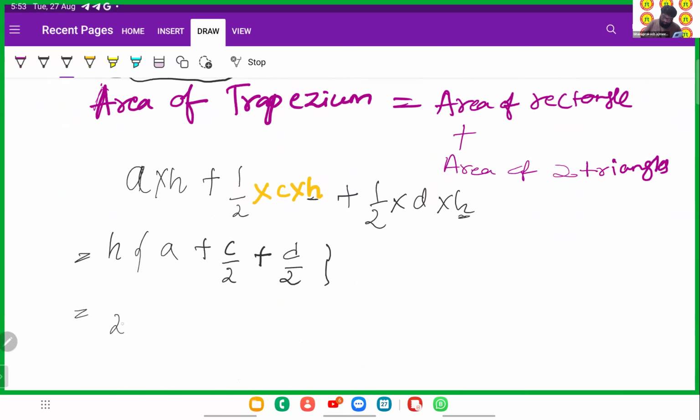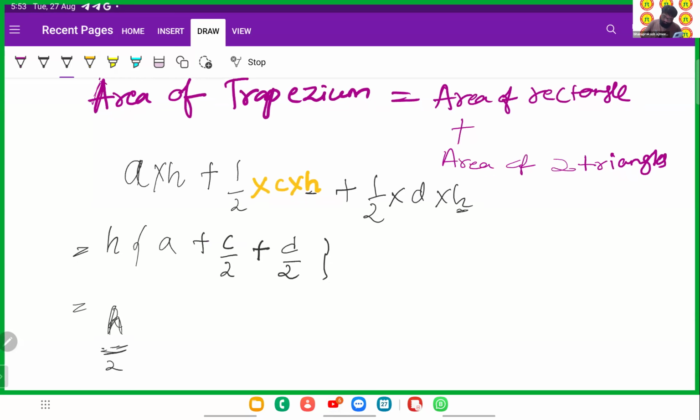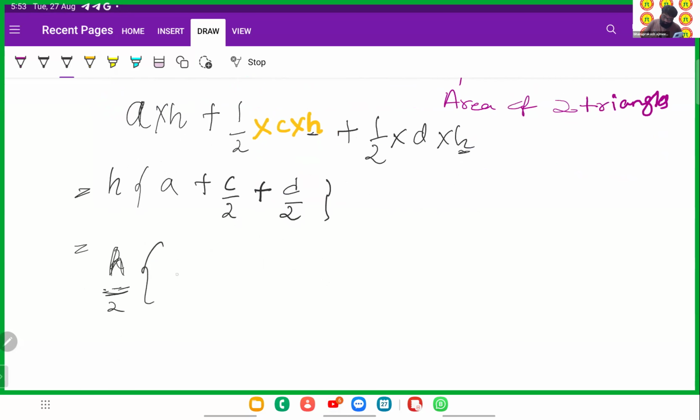So now I am taking H by 2 outside. Taking LCM, I get 2A plus C plus D, and I'm taking 2 outside, that is H by 2.